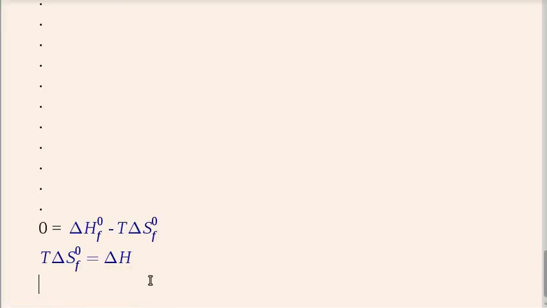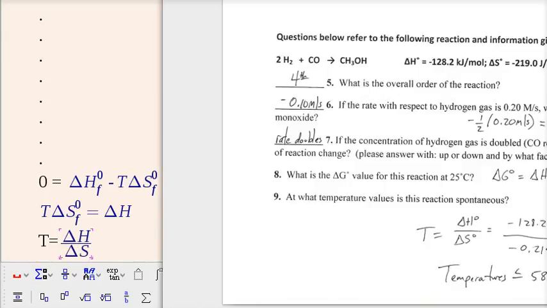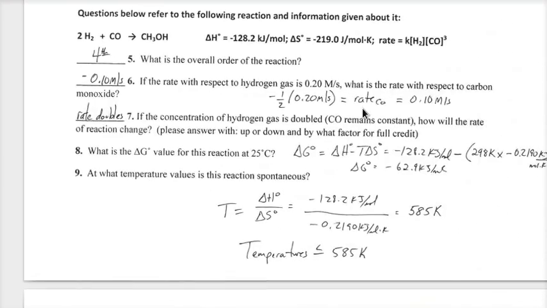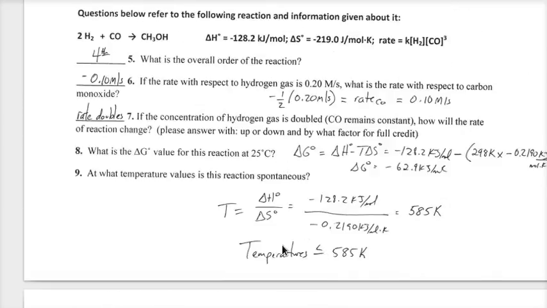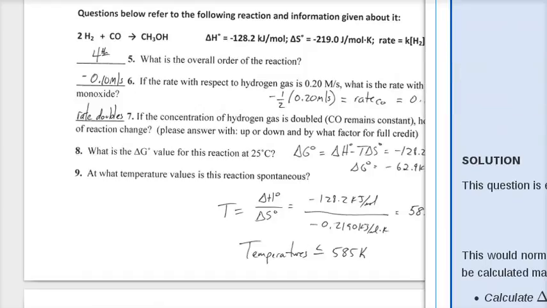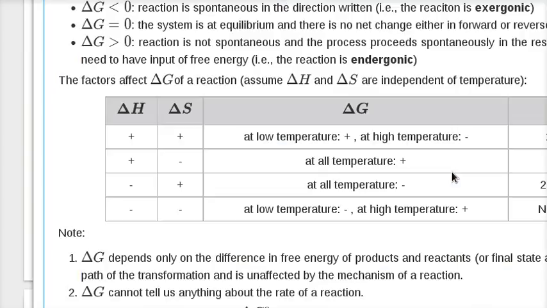I didn't really show the last step. You divide both sides and there you go. Delta H over delta S. I might have said delta F a second ago. So, there's that. Math happens. And as far as knowing the greater than or the less than, you just have to know this chart. Not that chart. This chart. This chart is the key.